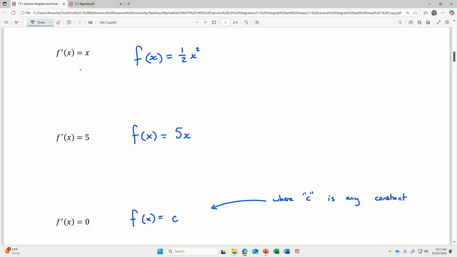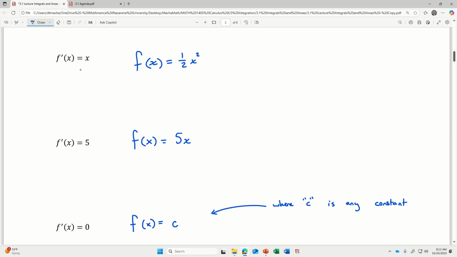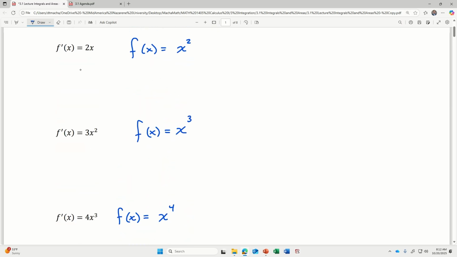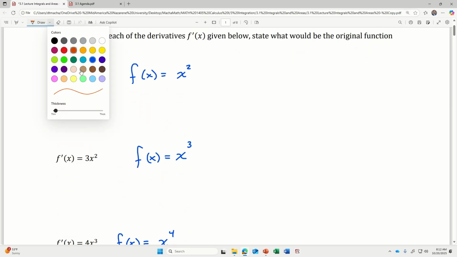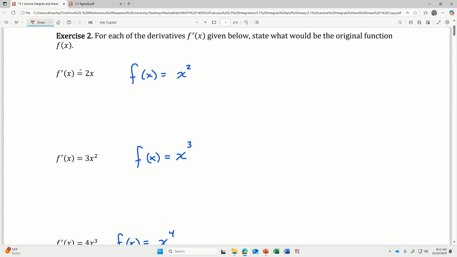And that actually brings up a really important point that I haven't even remembered until now, which is if I had x squared plus a constant, the derivative would still be 2x. If I had x cubed plus a constant, the derivative would still be 3x squared.